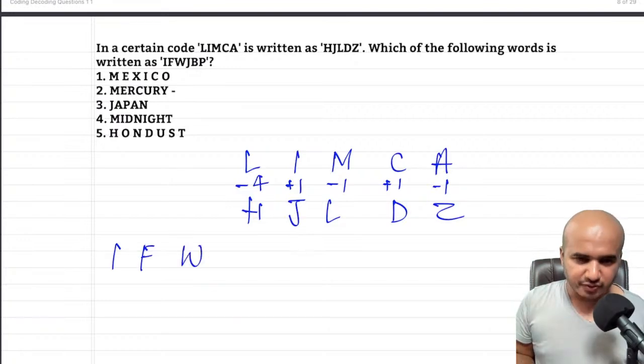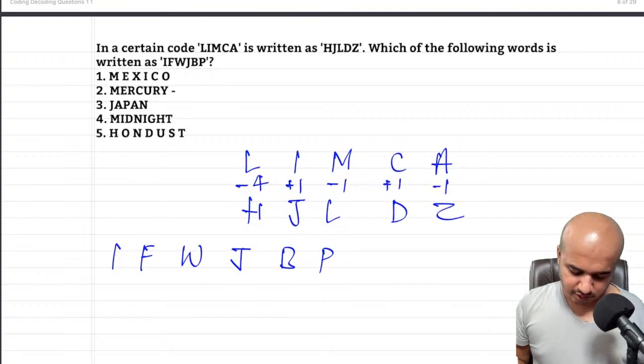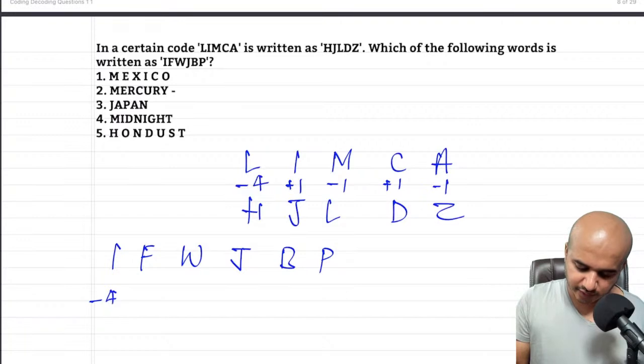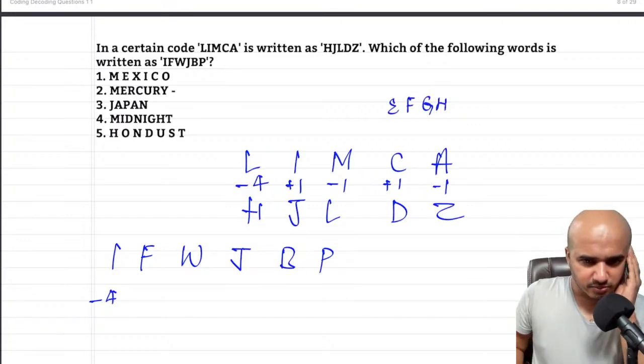IFWJBP. For the first one, we'll have to do minus 4, no? HEFG, HEFE. Does it make sense?